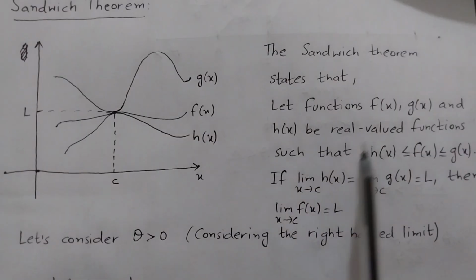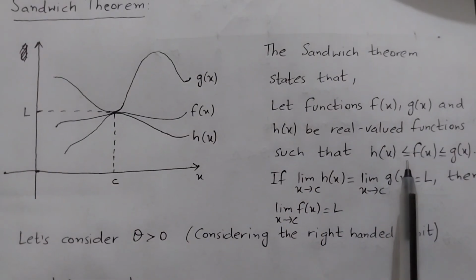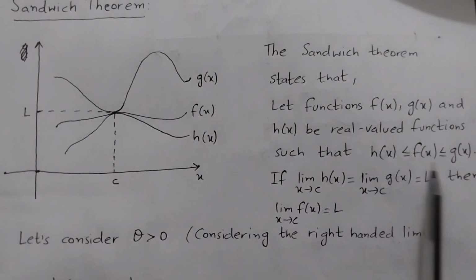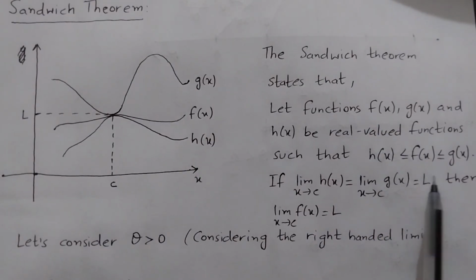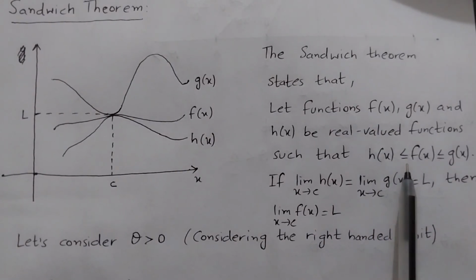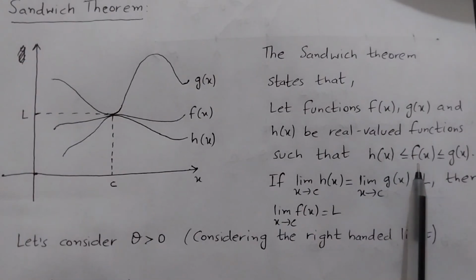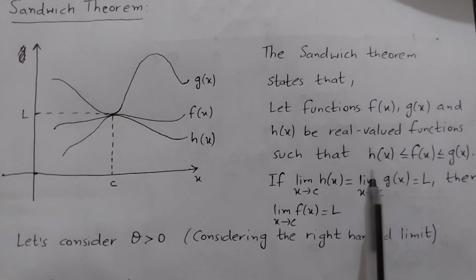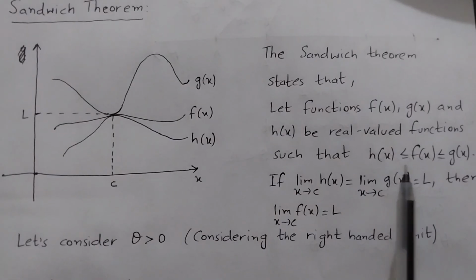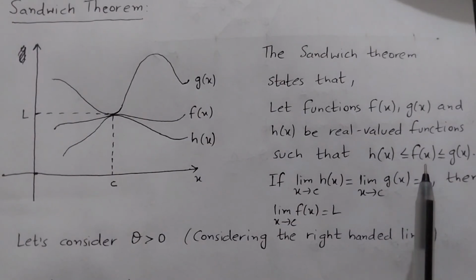And if we look at the statement for the sandwich theorem, it uses this equal sign as well, that h of x is less than or equal to f of x and less than or equal to g of x. This equal to sign, basically it helps us because when we use sandwich theorem, we are generally dealing with a trigonometric function, and trigonometric functions have values ranging from -1 to 1.